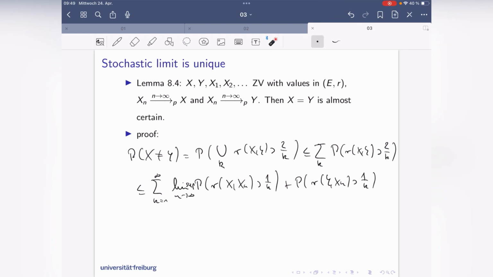Well, but this here is 0 because xn converges in probability to x. And the lim sup of this here is also 0 because xn converges in probability to y. So that's the sum over zeros, which is 0. And we have shown that the limit in probability is unique.